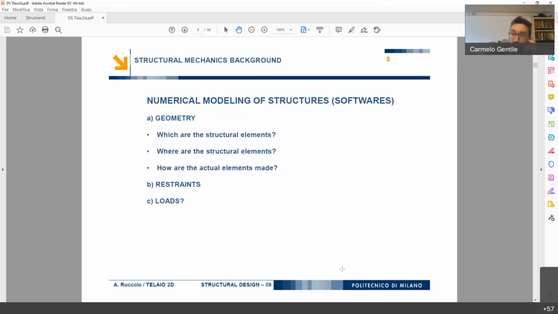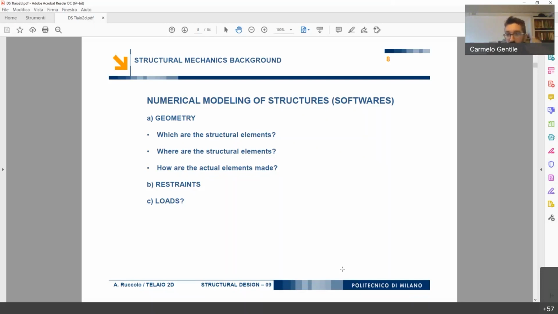And we have also seen that, talking only about the geometry, each cross-section of a beam, for example, is associated to an inertia, so a moment of inertia. The higher the moment of inertia, the stiffer the element.